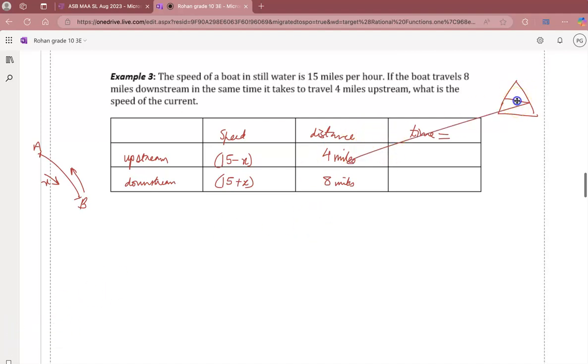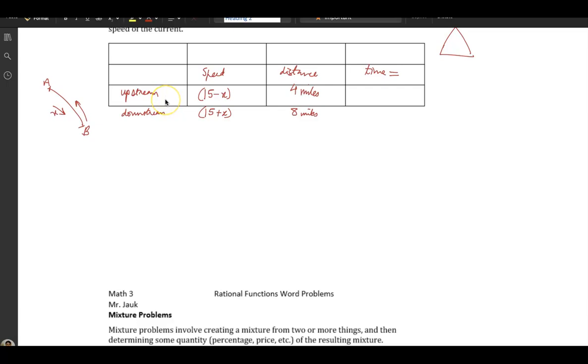So time is equal to distance over speed.